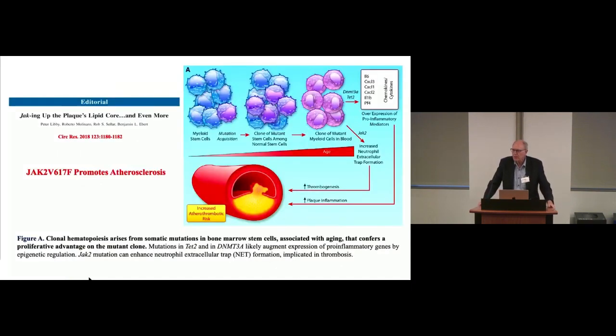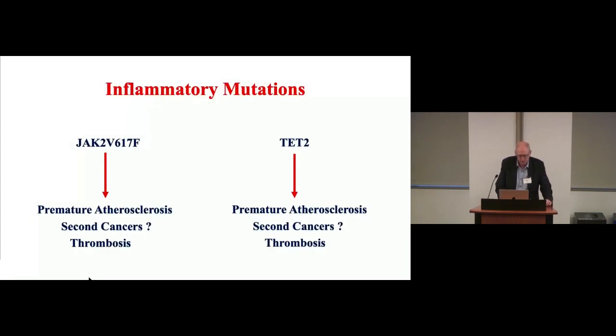We also know that the DEC2 mutation is a particular inflammatory mutation, which gives rise to accelerated atherosclerosis. This has been shown in several studies, but just to put in perspective.